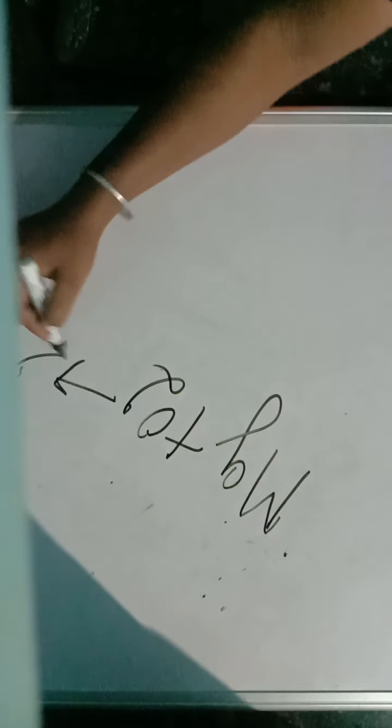Here I can explain why we are using heat. Mg plus O2 gives you 2 MgO. Let me write it again.